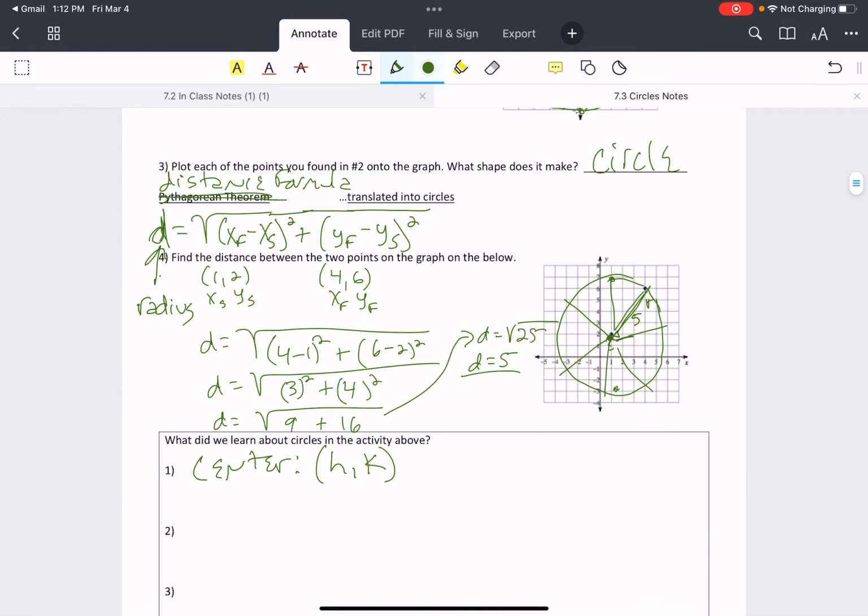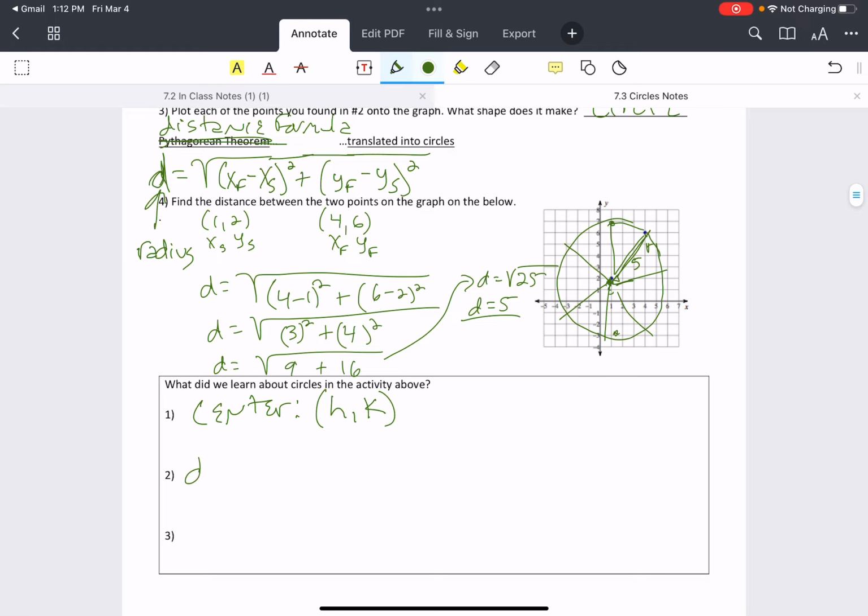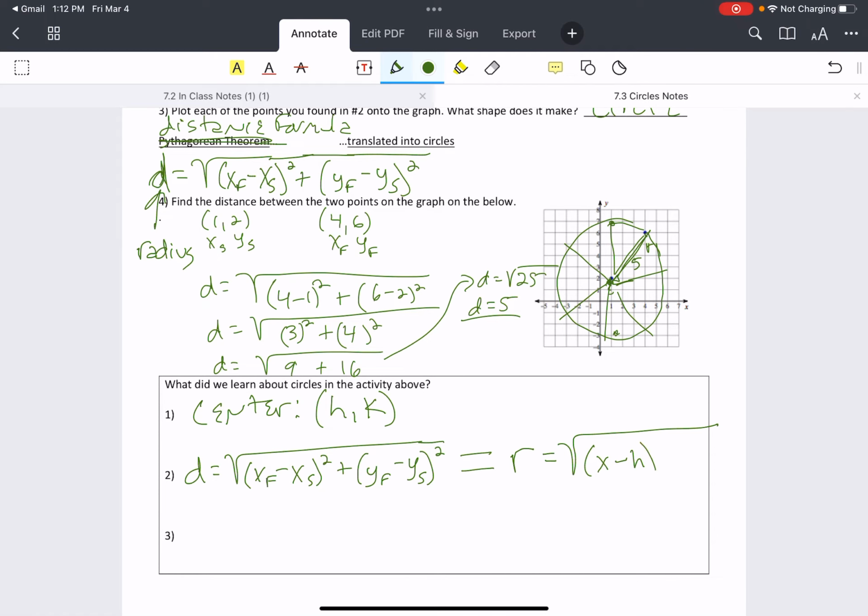So here's what I have from last time. Almost like I'm making you guys write it a bunch to try and help you remember it. So that's the same as saying radius equals the square root of x minus h squared plus y minus k squared.